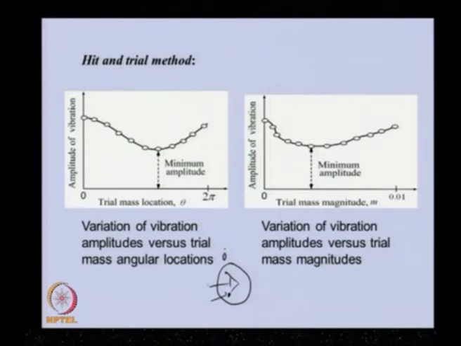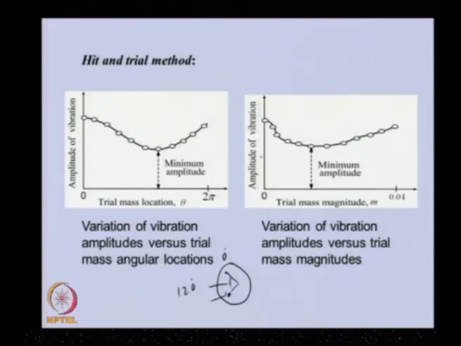So, this is 120 degrees. Now, once we obtain this particular angular position, we can change the magnitude of the trial mass and observe the amplitude at the same place, at the same speed.